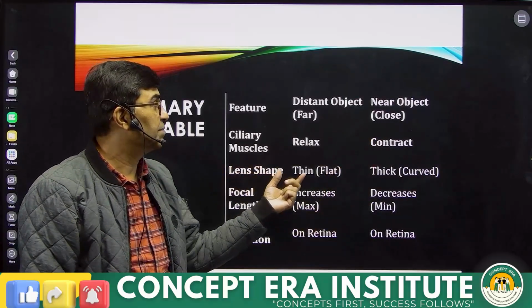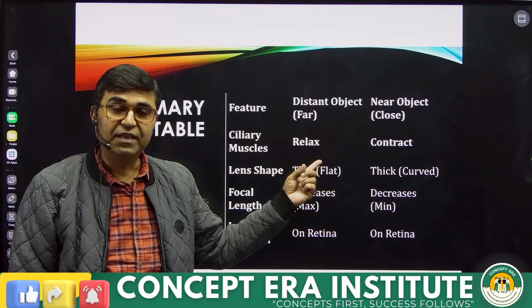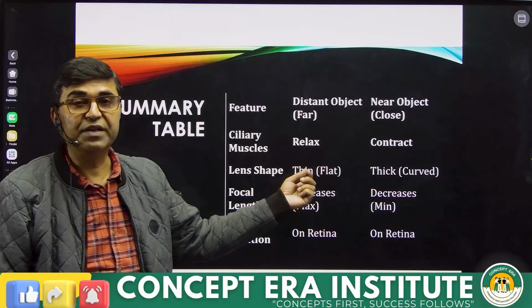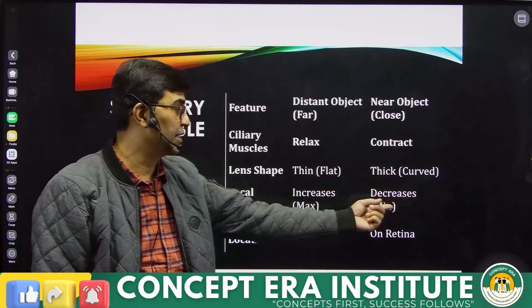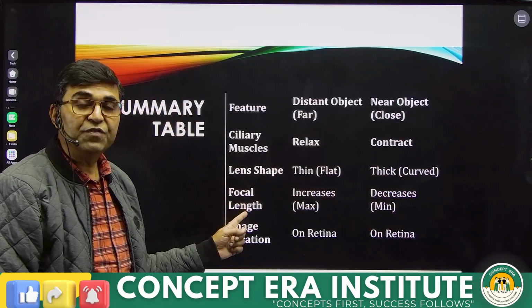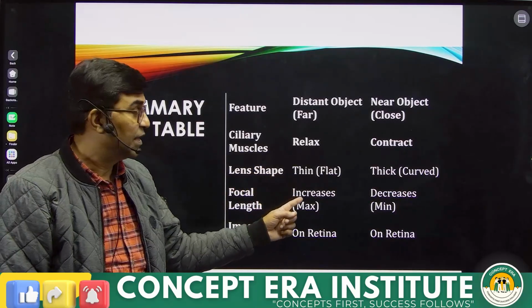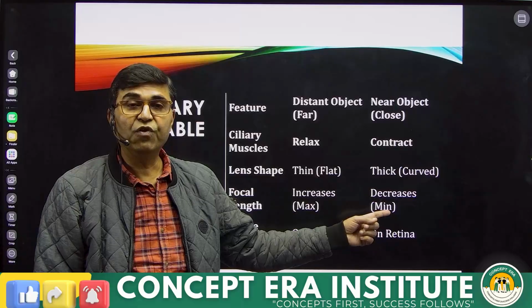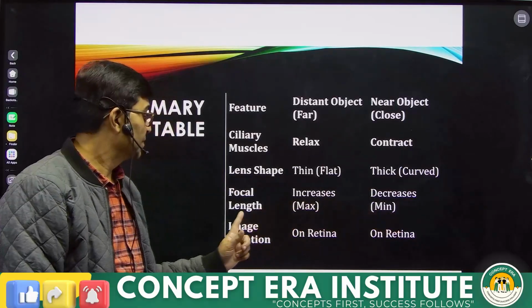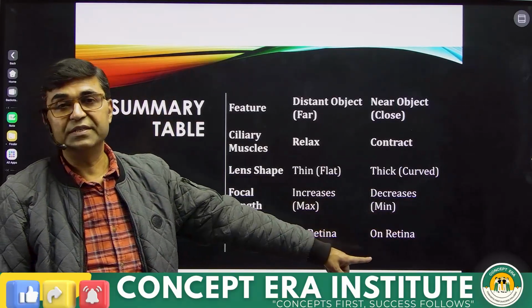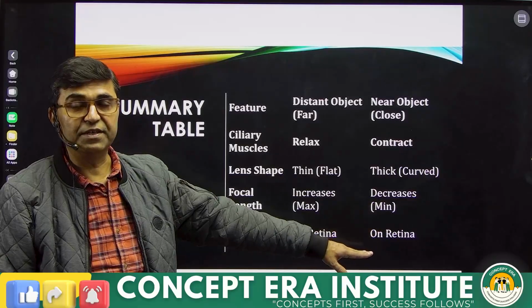For a distant object, the lens is thinner, and for a nearby object, the lens is thicker. In case of a faraway object, the focal length of the lens is increased. For a nearby object, the focal length is decreased. Image formation, in both the cases, is on the retina itself.